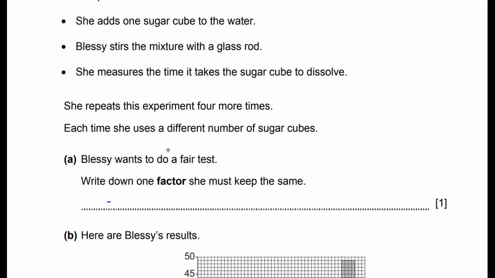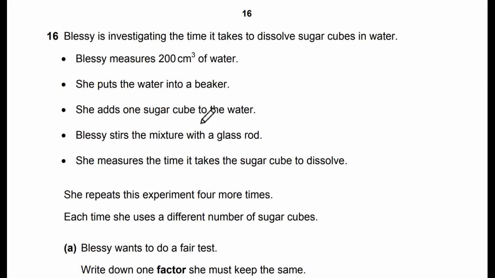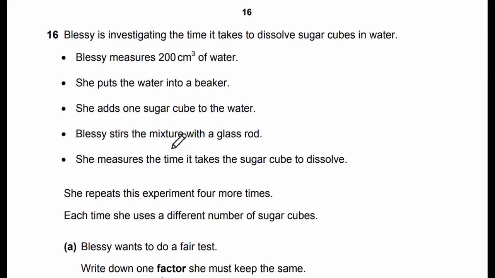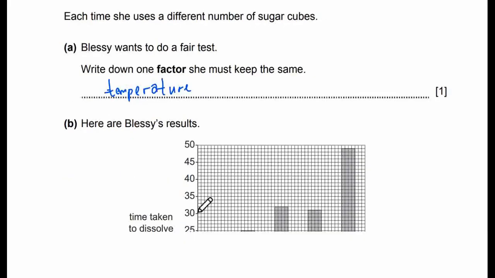It can be another answer, or we can answer that the size of the sugar cube or the mass of the sugar cube. So there can be many different correct answers for question A. Let's go to question B.